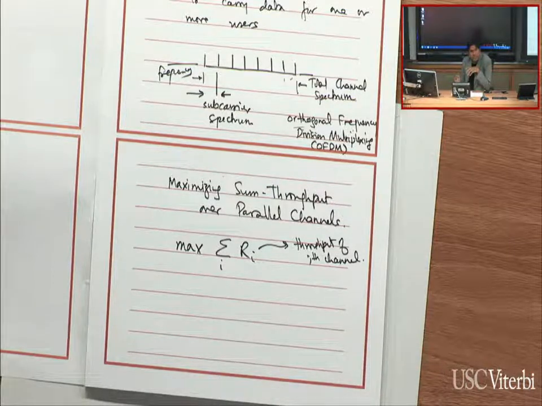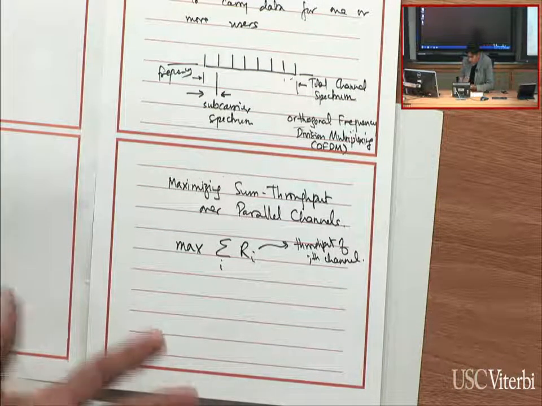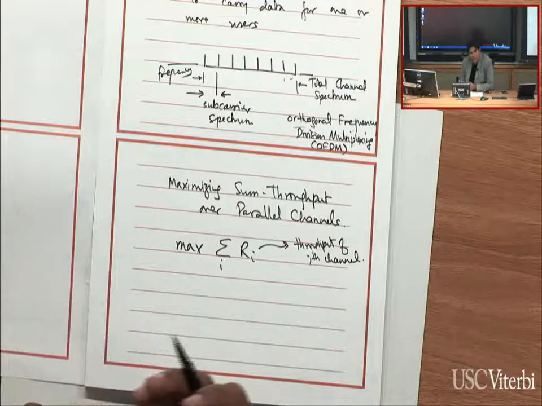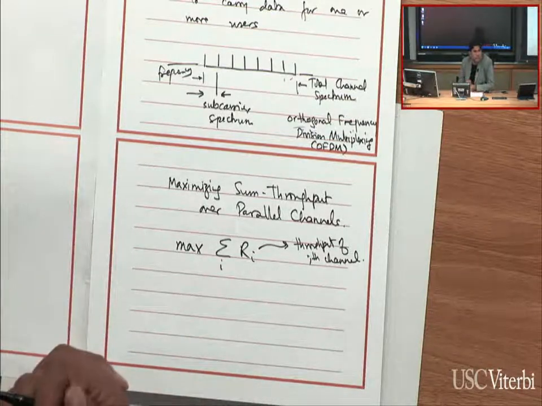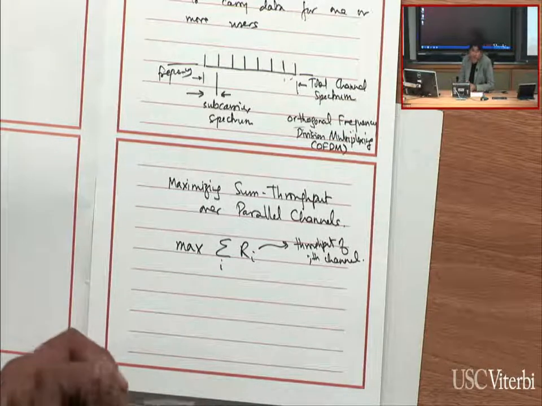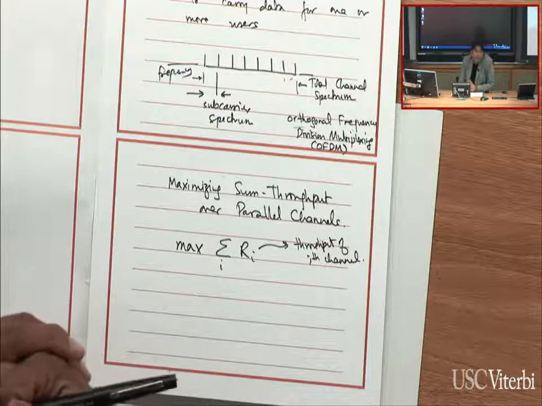I want to choose it in such a way that I maximize this rate for each channel. What would be the strategy to maximize the total throughput? Intuitively would be make each channel as strong as possible. Right? Well, if we had infinite power, we could make each channel infinite rate.